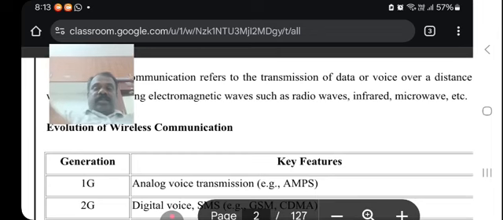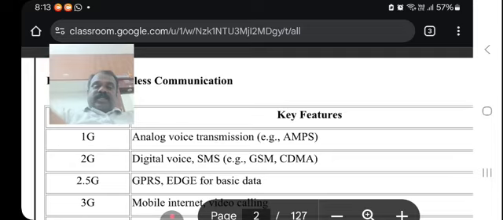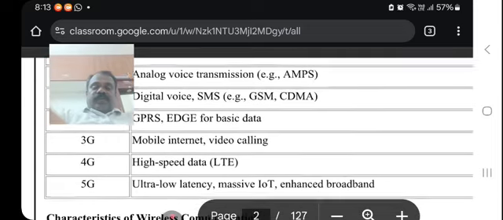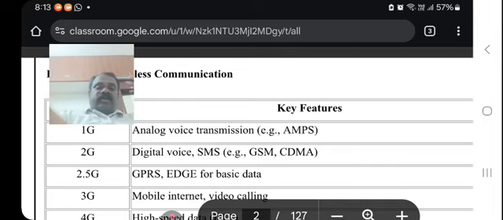Then next we are discussing the evolution of wireless communication: first generation, second generation, then third, fourth and fifth. First generation used analog voice transmission, for example AMPS. Second generation used digital voice and SMS, that's GSM or CDMA. GSM is Global System for Mobile communication.